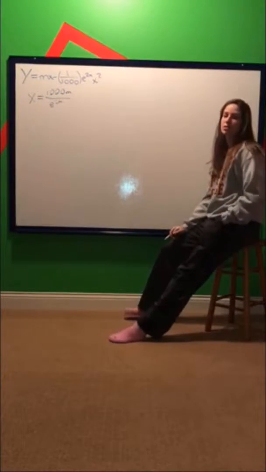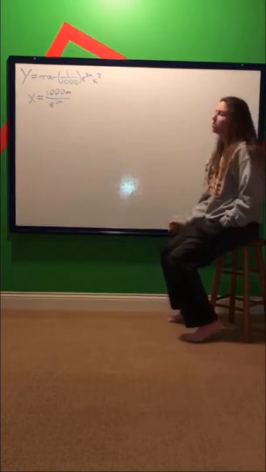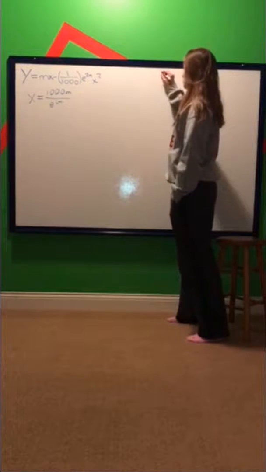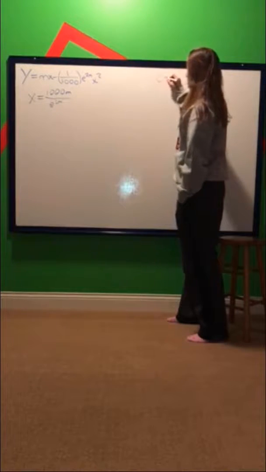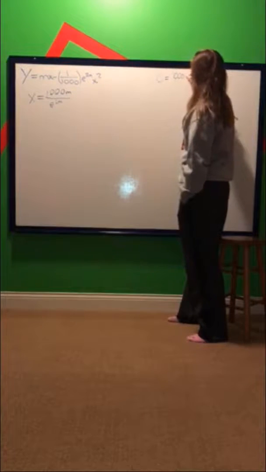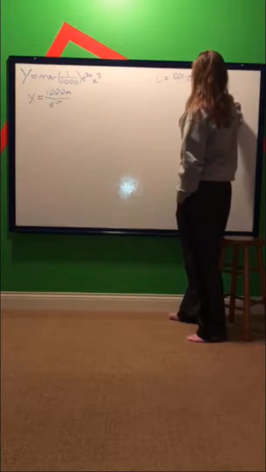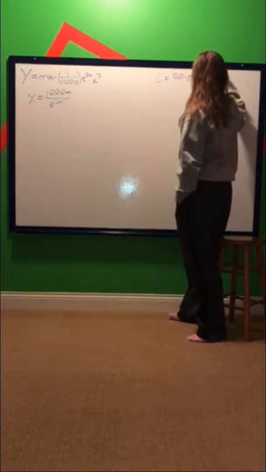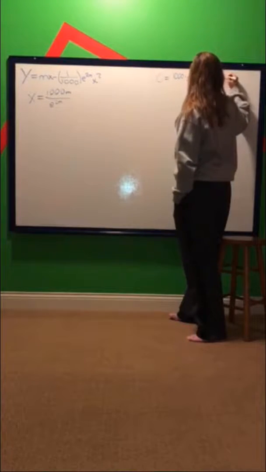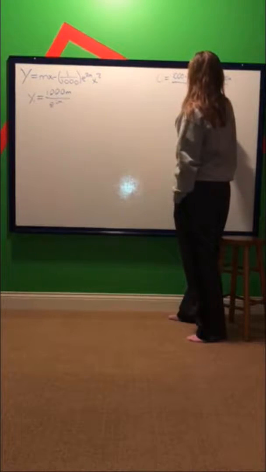To maximize x, we have to take the derivative of the equation that we just found and set it equal to 0. So when you set it equal to 0, and you take the derivative using quotient rule, you get 1,000 times e to the 2m minus 2e to the 2m times 1,000m over e to the 4m.